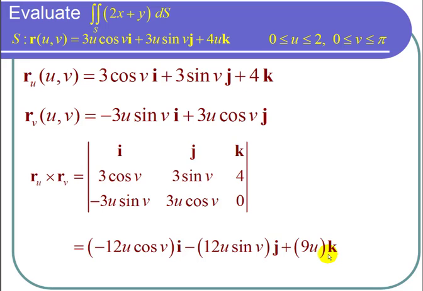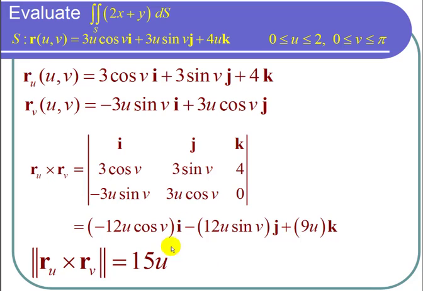When I take the square root of the sum of the squares, I get 16 cosine squared v plus 16 sine squared v, that's equal to just 16, and then plus 9, that's equal to 25, and the square root of 25 is 5. And remember, I had factored out a 3u, so 3u times 5 is 15u. So there's the magnitude of Ru cross Rv, which is 15u.